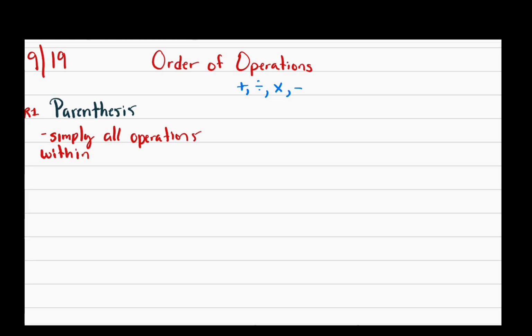Simplify all operations within, then remove. That's what I mean by that. If you do all the operations on the inside of parentheses, you can remove the parentheses now. All right, for the most part. Now there's a catch to that, and I'll show you.